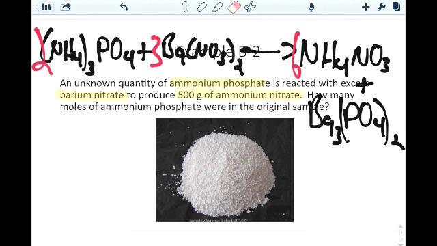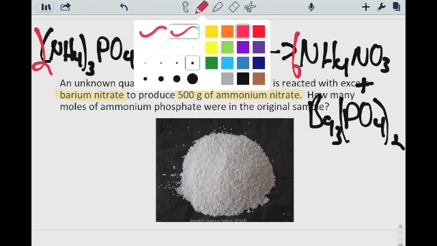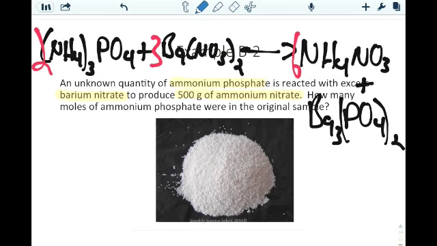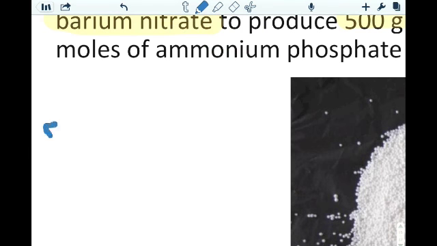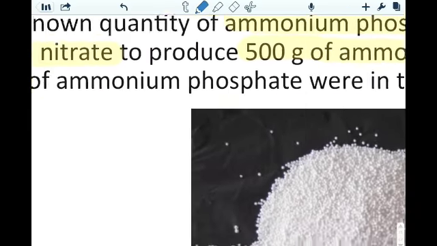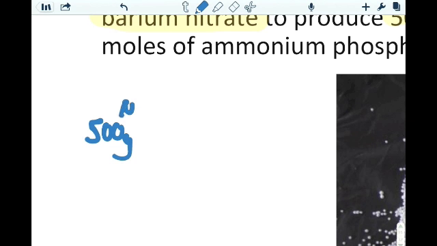So let's look at what we're starting with. In the problem, we're starting with 500 grams of ammonium nitrate, NH4NO3.